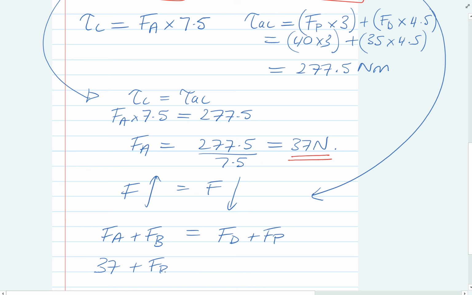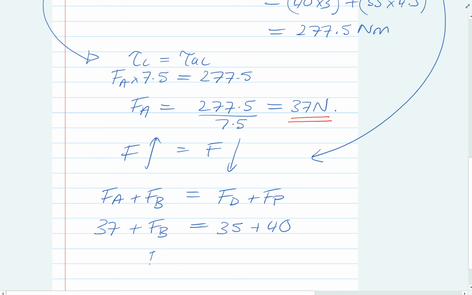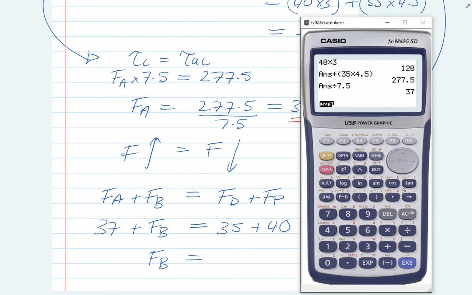FB we don't know. FD, the dog was 35 newtons, and the plank was 40 newtons. So you can see therefore that to work out FB, all we're going to do is go 35 plus 40, take away the 37, and we end up with 38 newtons.